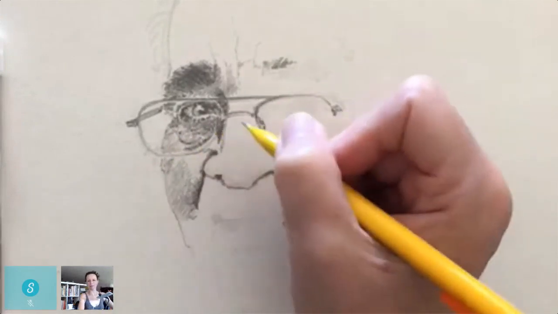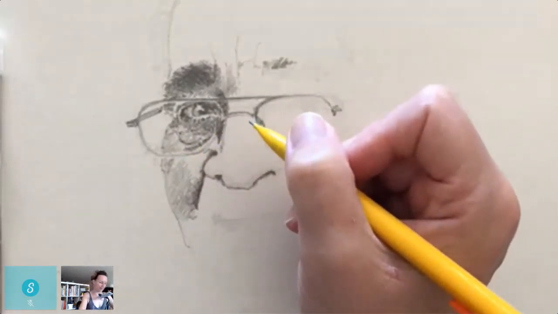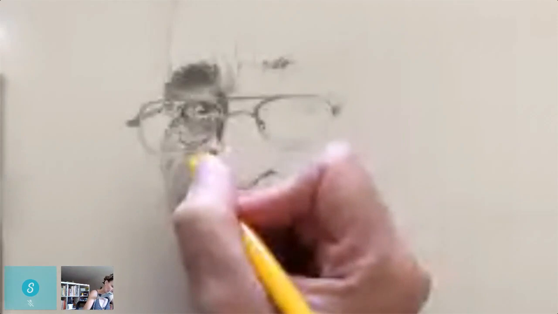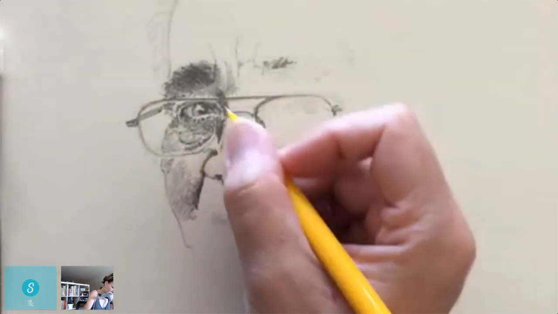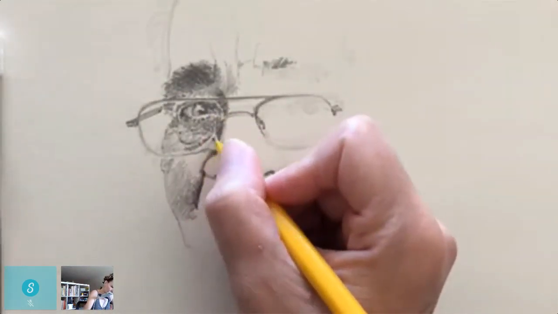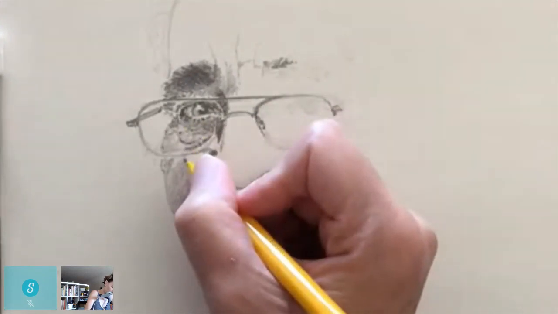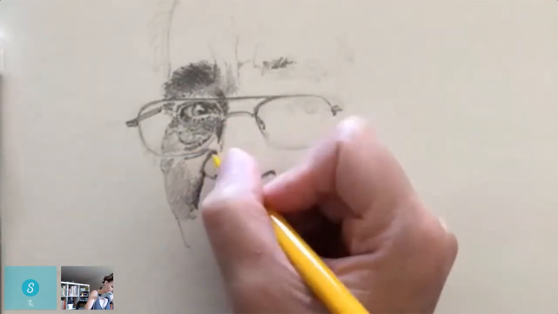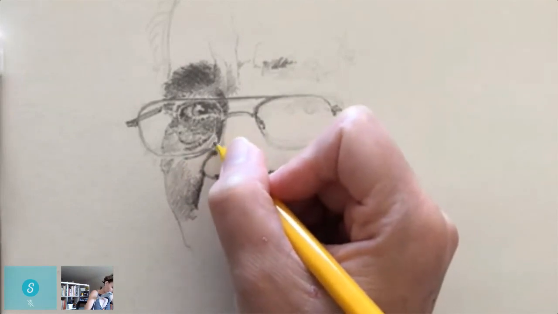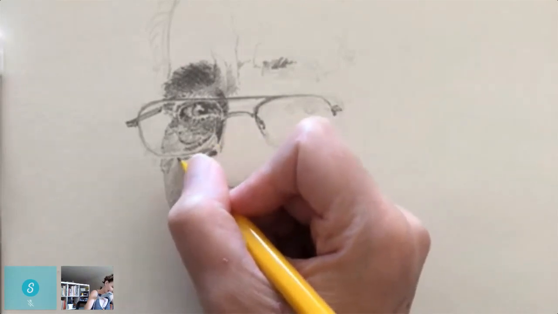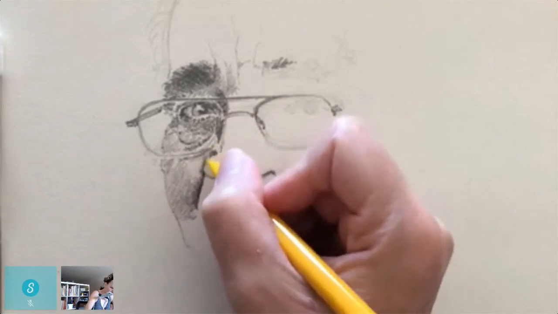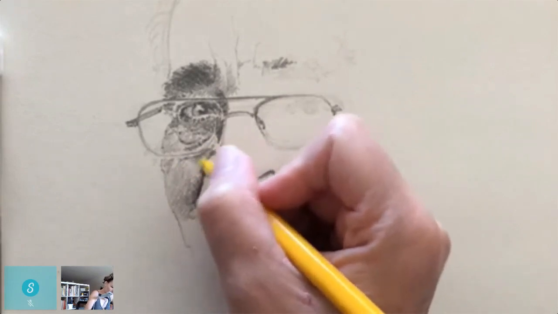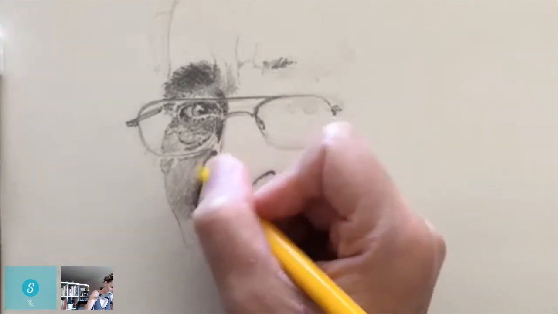And I'm sure there are better technical terms for what I'm doing. But as you know, I never learned formally, so I go with mostly how I call things. Okay. Quite a bit of dark here too.